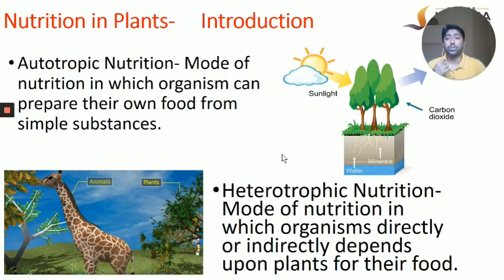What is autotrophic nutrition? Mode of nutrition in which organisms can prepare their own food from simple substances. And what was heterotrophic nutrition? Mode of nutrition in which organisms directly or indirectly depend upon plants for their food. Okay, these are the two types of nutrition that we discussed.